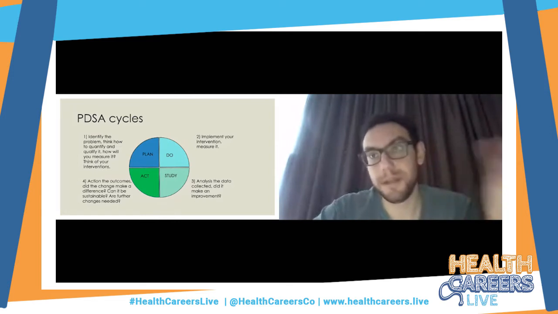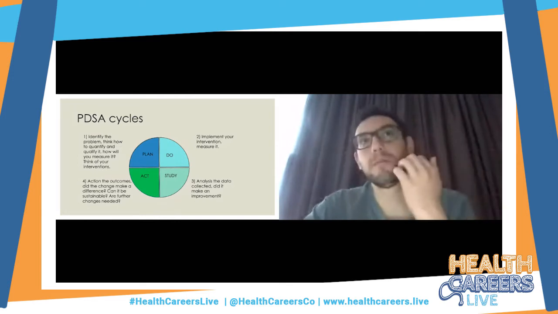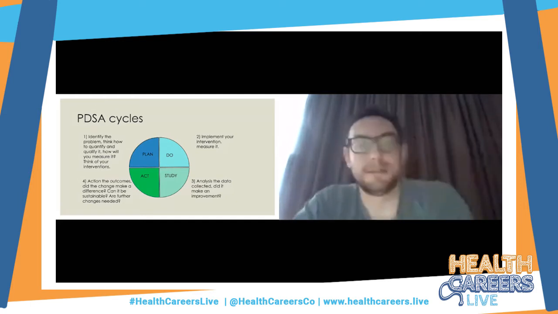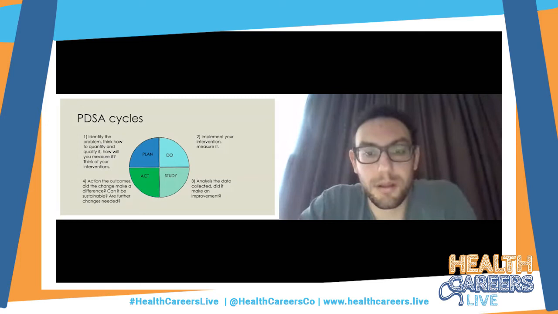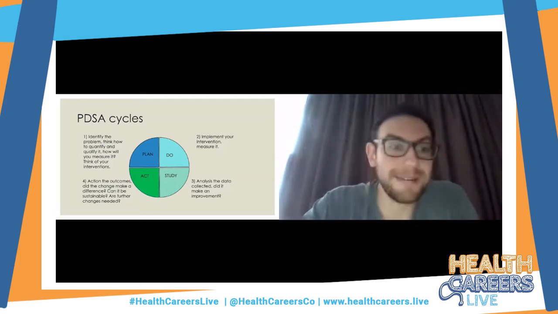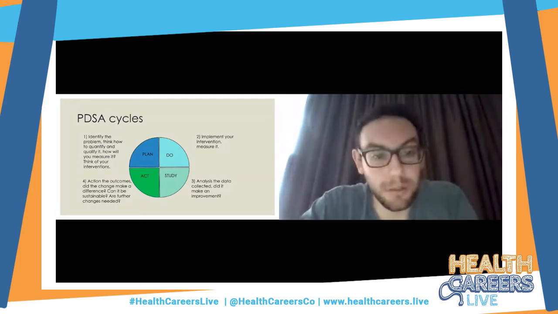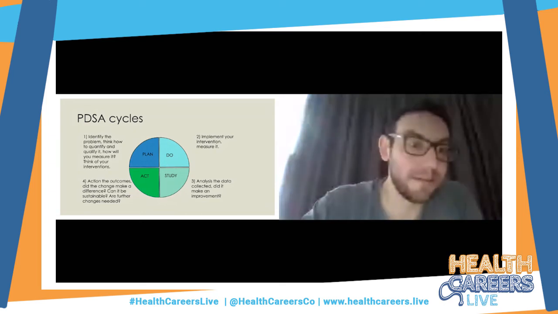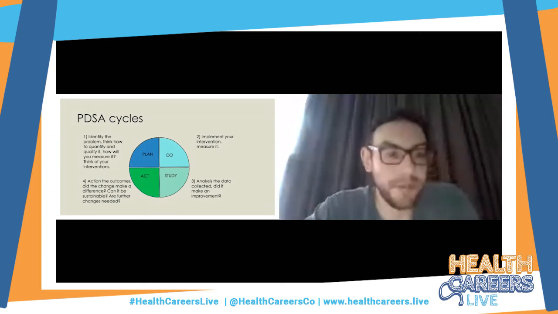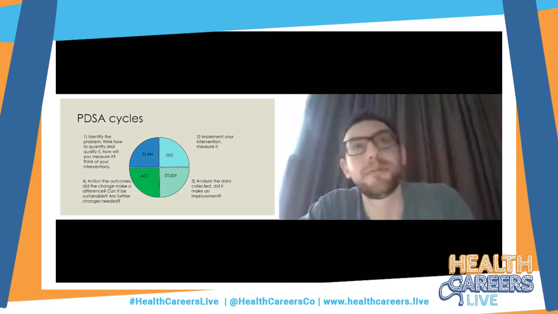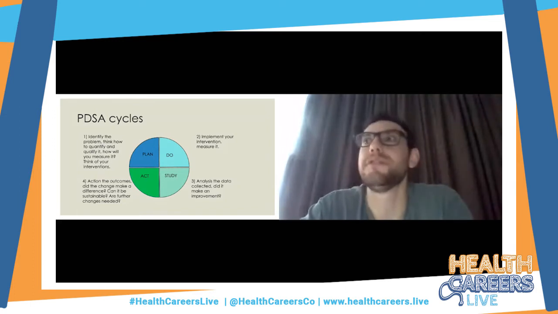And did it make an improvement? Was the improvement as much as you'd expect? From that point, you then look at that data and you want to action it. So that then feeds into your next cycle. So from that improvement, can we make a further improvement? Or did that intervention that we had implemented cause unforeseen harmful effects?